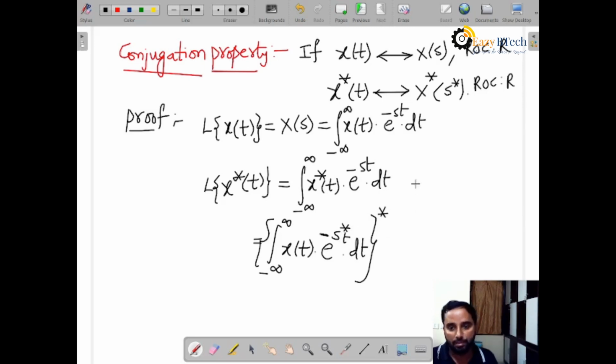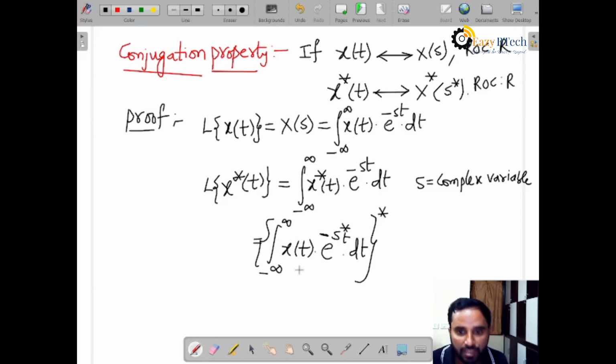So here s is a complex variable, right or not? So s star means complex conjugation of s. So this above integral we can write like this. If you apply conjugation, s star star will become s, and here x star will be obtained. So the same we can get.